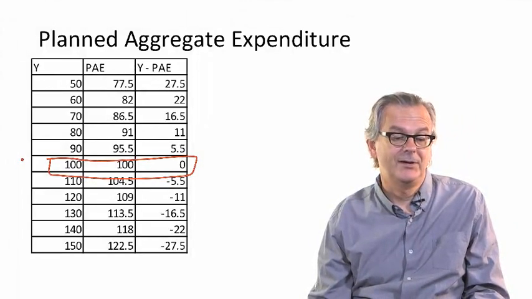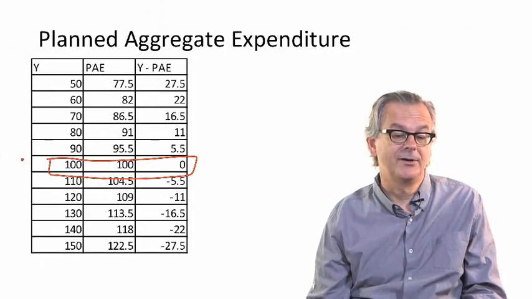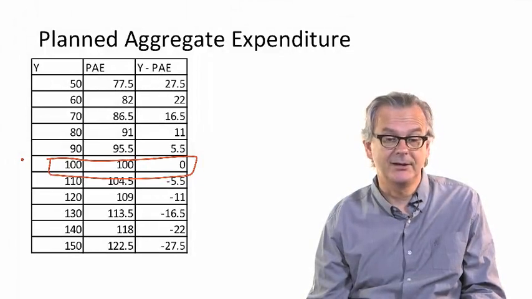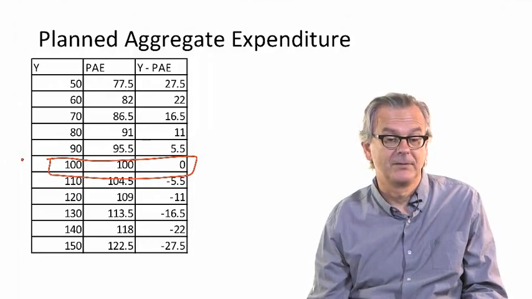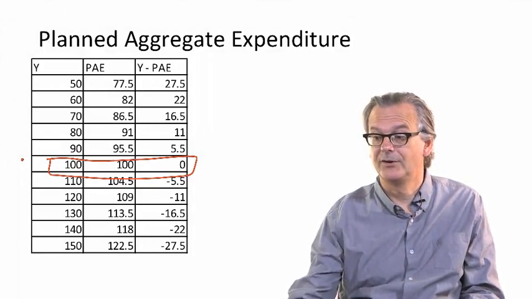Remember, what happens here is with GDP of 100, with an income flow of 100, in other words, the flow of planned aggregate expenditure is also exactly equal to 100. There's no divergence between GDP and planned aggregate expenditure. We have the equilibrium condition for this economy satisfied.